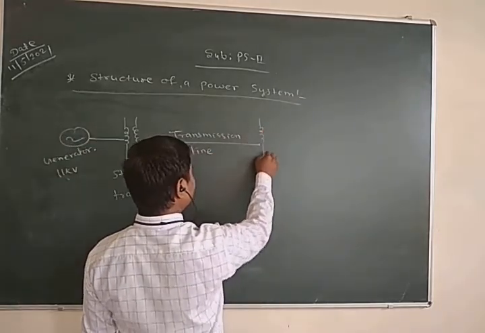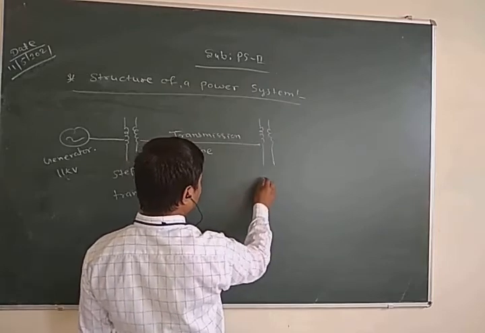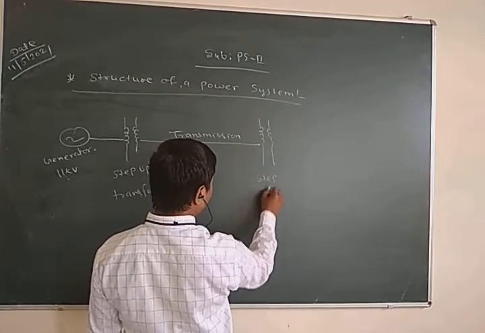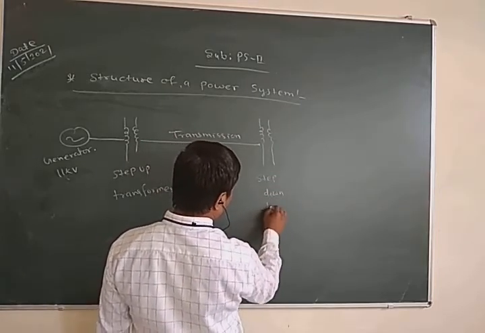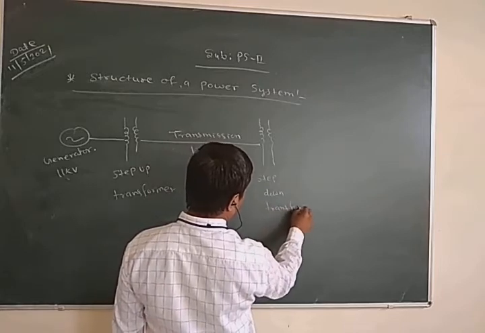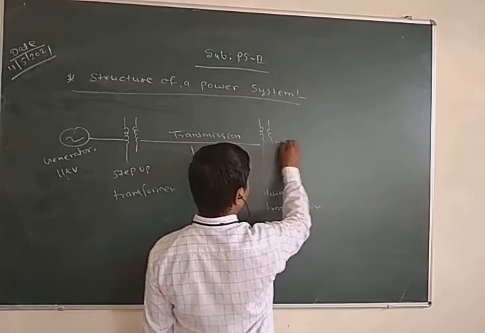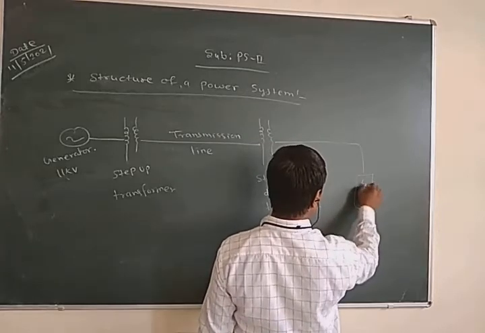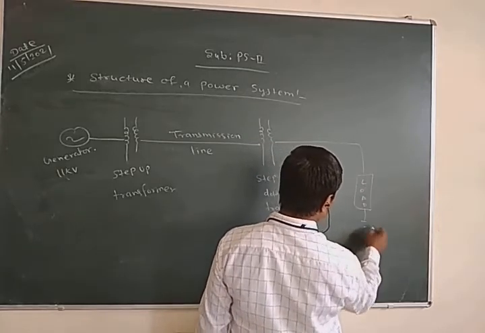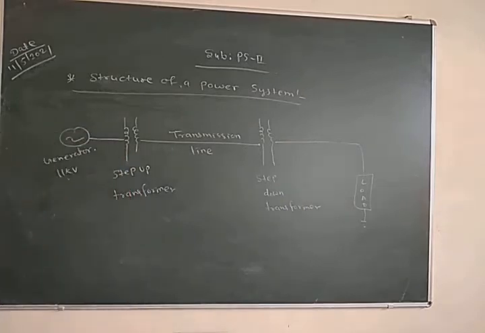Next is the step down transformer, and load. This is the simple structure of a power system, in which there is a generator which is connected to a step up transformer, and then the transmission line, next the step down transformer, and then to the load.